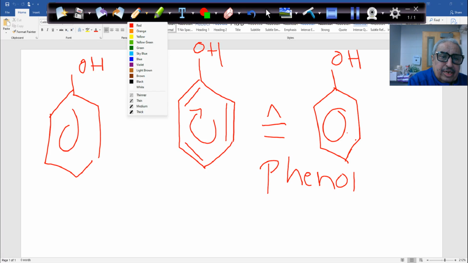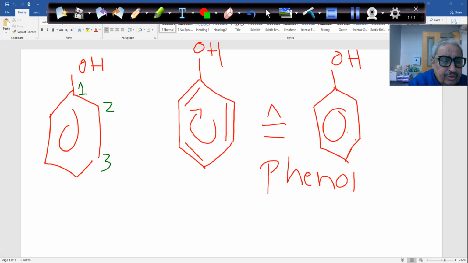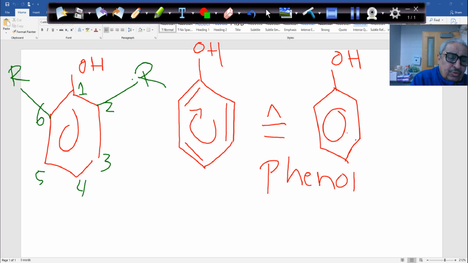So the attachment can be, this is position 1, of course, always, then 2, 3, 4, 5, and 6. Correct, guys? So if you look at this, we can have a group R here, a group R here, and a group R here.